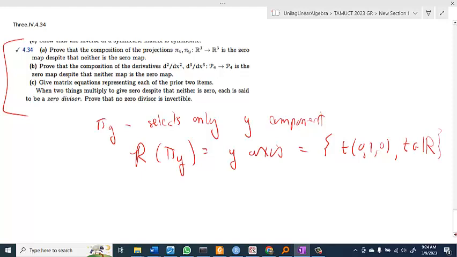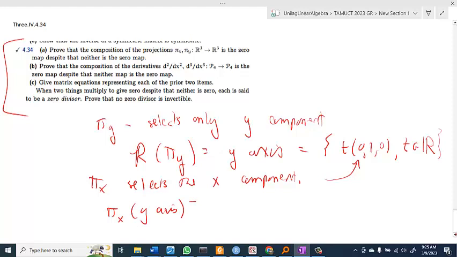And pi x selects the x component. Now, what's the x component of any point on the y-axis? Well, 0. So pi x of any point on the y-axis is equal to 0.